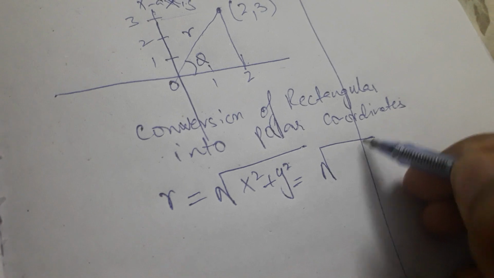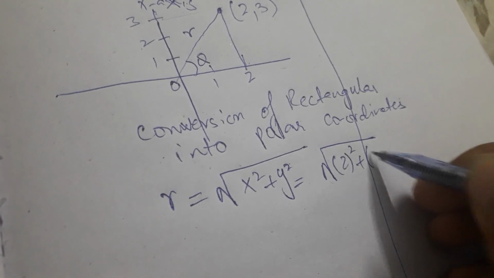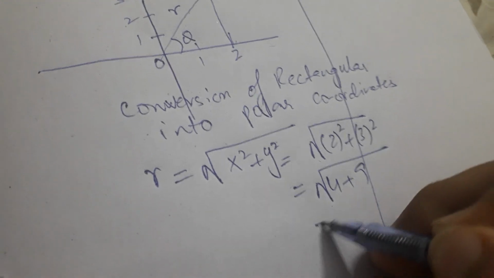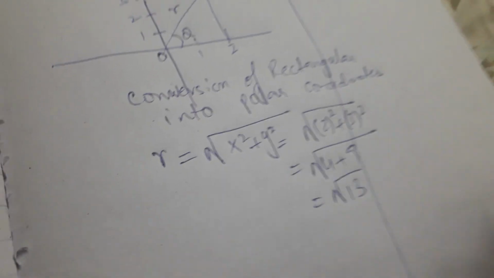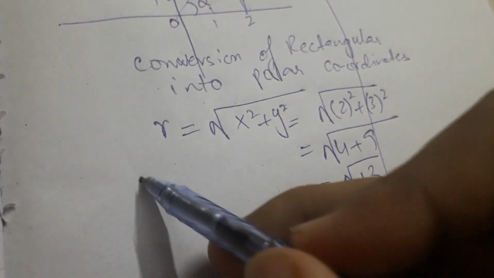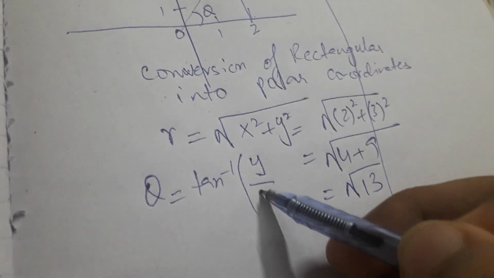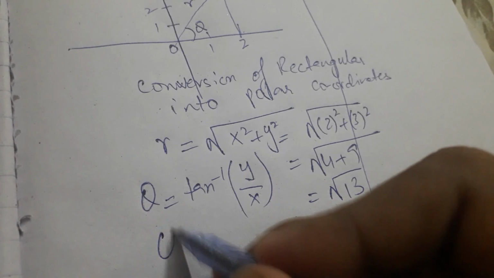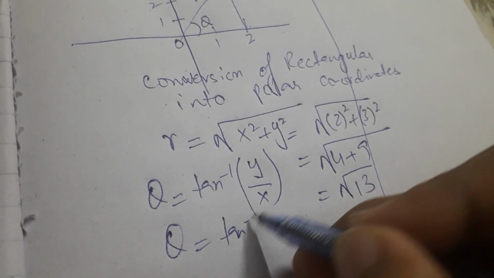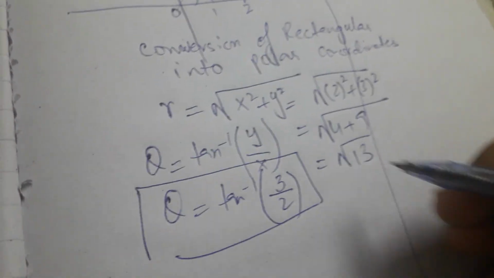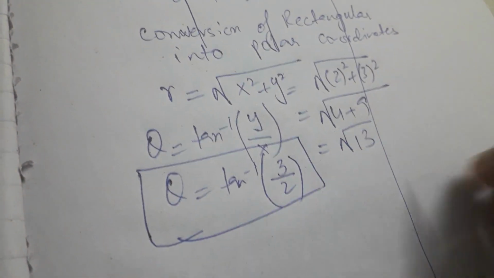If we have 2 square and 3 square, it will become 4 plus 9, which is 13, under root 13. An angle can be found by using theta is equal to tan inverse y upon x. So y is 3 and x is 2. We can simply calculate it by putting the values in the calculator.